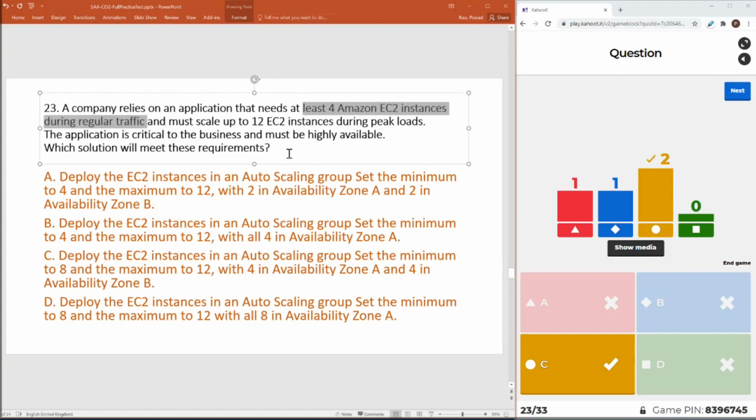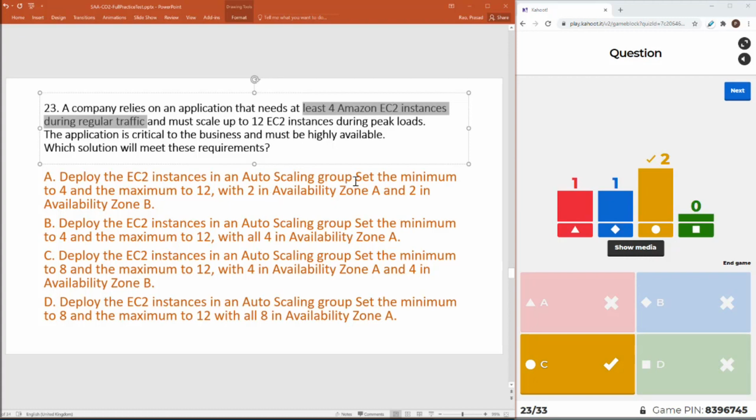So let's have 4 in one and 4 in the other to make it highly available. So you have 8 instances minimum running, and then you can scale up and down if traffic increases. But that will ensure that even if one availability zone is down, you have at least 4 of them running. With that in mind, you can come back to the options and see which matches.